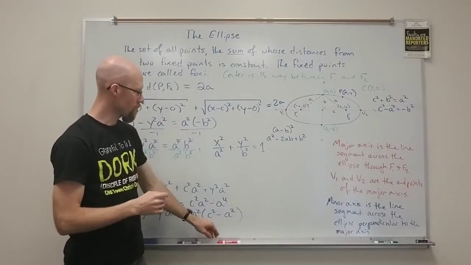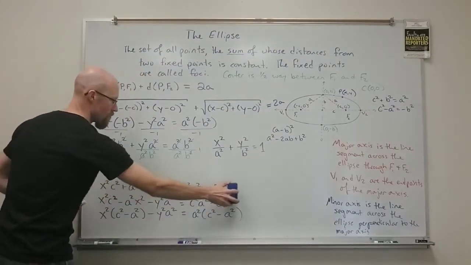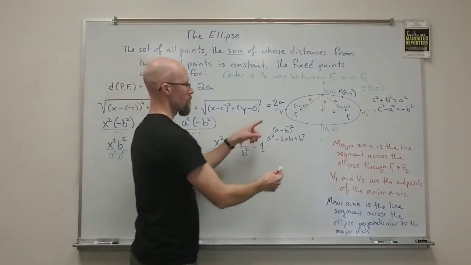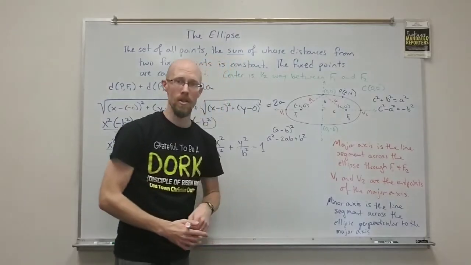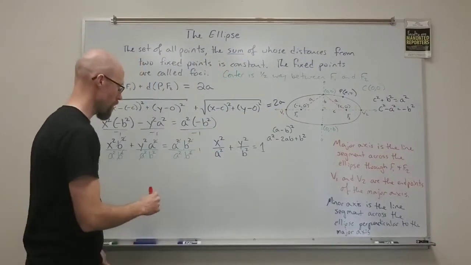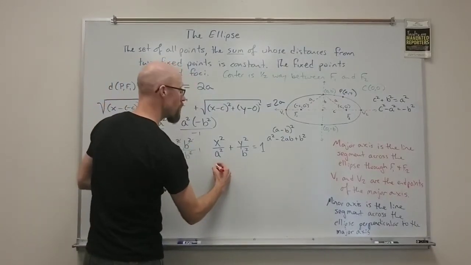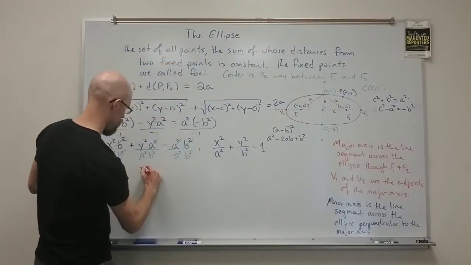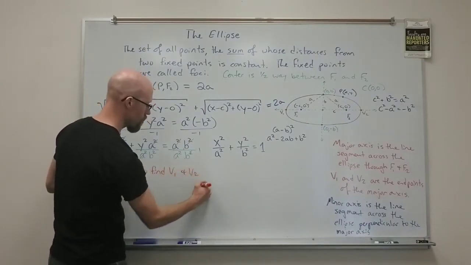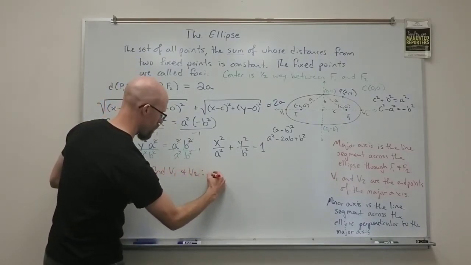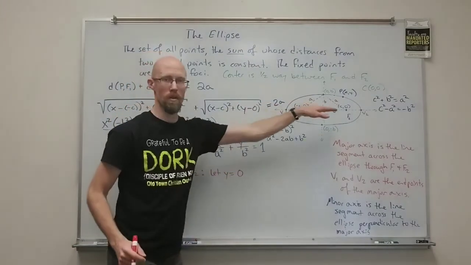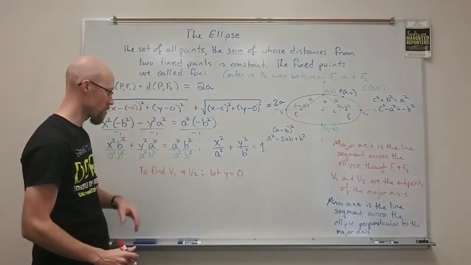But now to find those values, those coordinates, obviously the y value is 0 because those are x-intercepts, okay? So to find v1 and v2, we let y equal 0 because that's going to be an x-intercept again, or two x-intercepts.